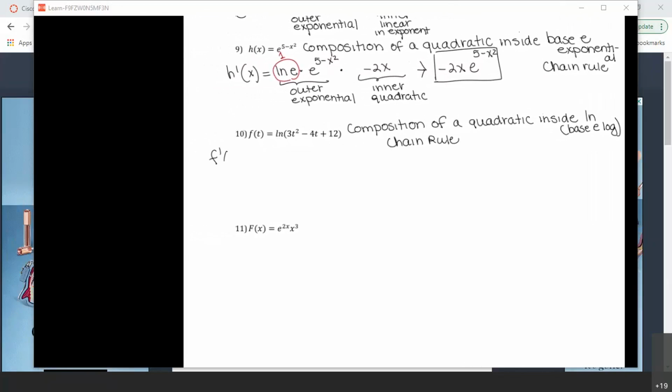So let's do the outer first. To take the derivative of a log, you would have 1 over ln of the base times the argument. So you'd have ln e, and then you'd have the argument down here.